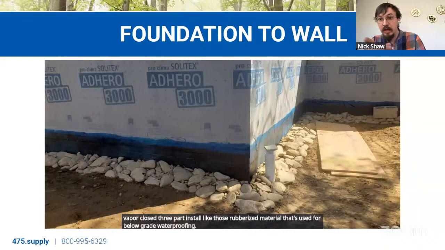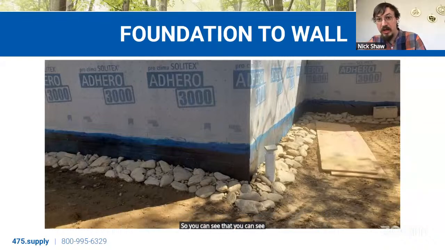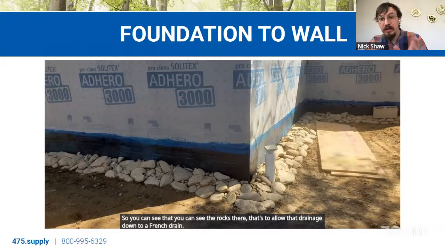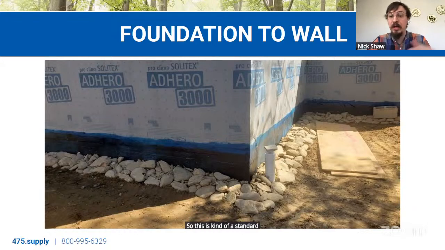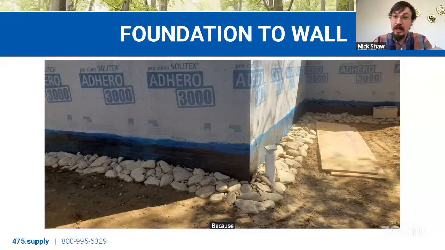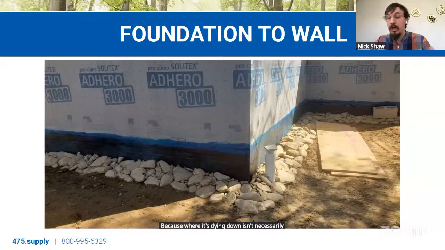So you can see the rocks there. That's to allow that drainage down to a French drain. So this is a standard exterior transition. This is mainly your waterproofing though, because where it's dying down isn't necessarily a continuous air barrier.